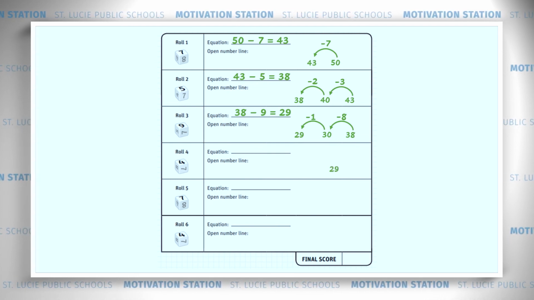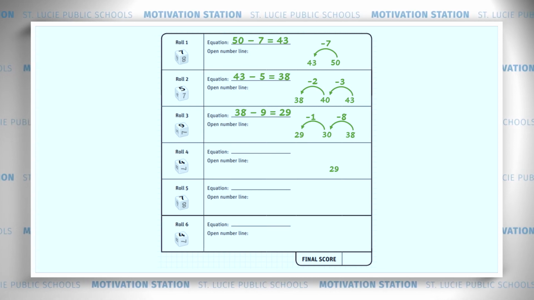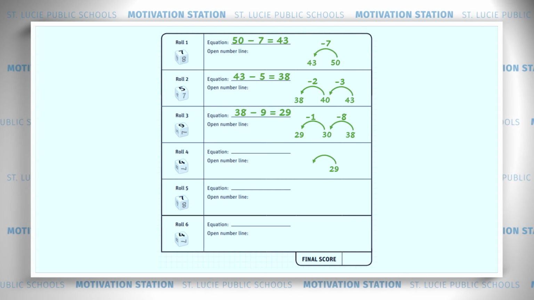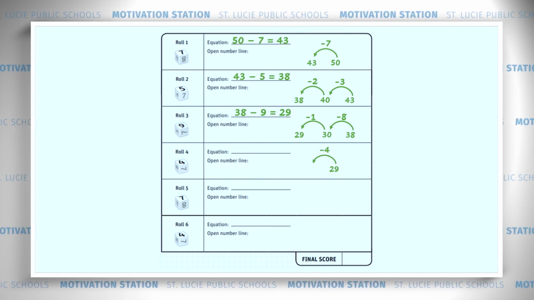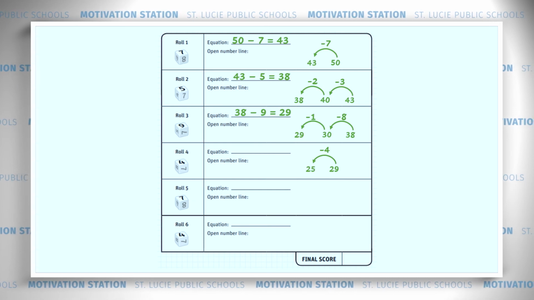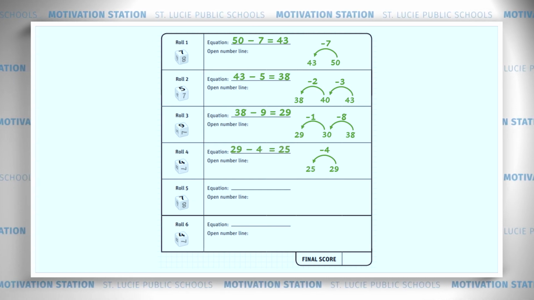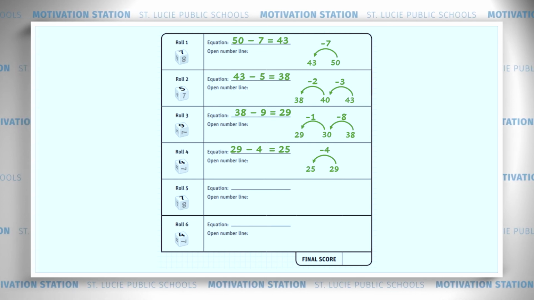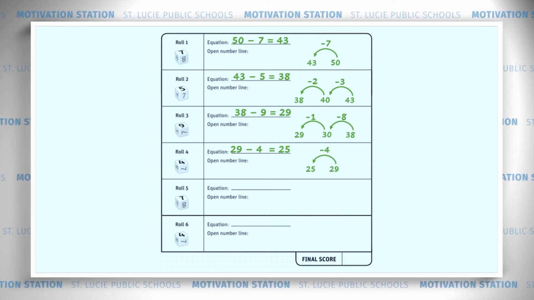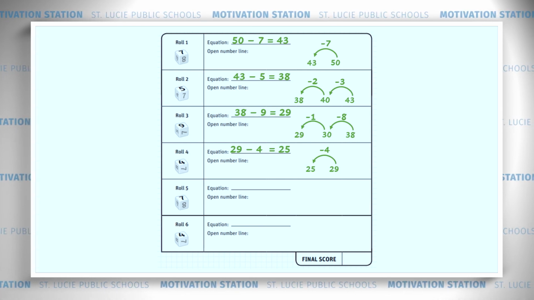Okay, I start with 29 because that was the answer to my last equation. I think I can do this in one jump. 29 minus 4 equals, got it, 25. And then I write that equation. That was an easier round because it only had one jump. 29 minus 4 equals 25. I'll give you a moment to write that down.